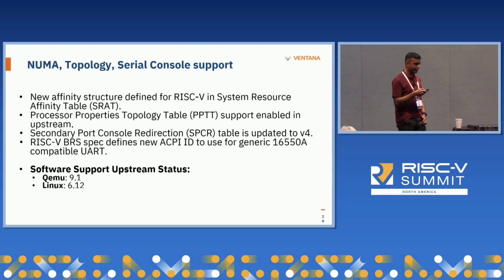For cache topology and processor topology information, we have PPTT. This is standard across architectures, and again, this is also upstreamed. And the serial port console redirection table, which is basically maintained by Microsoft, we added support for RISC-V and updated to version 4. The BRS spec defines all the ACPI IDs required for UART. Again, all these changes are upstreamed.